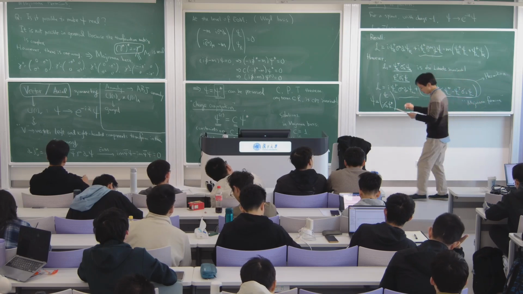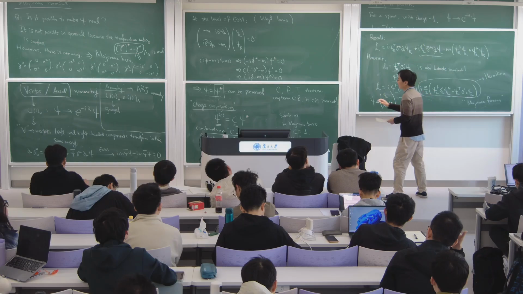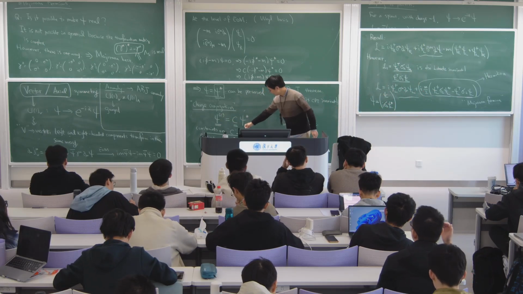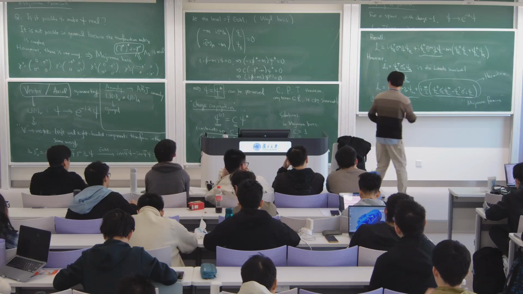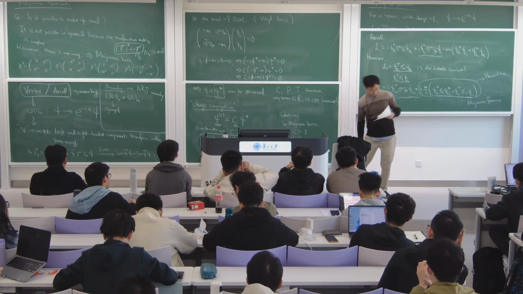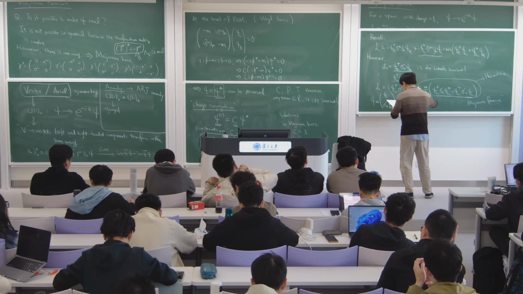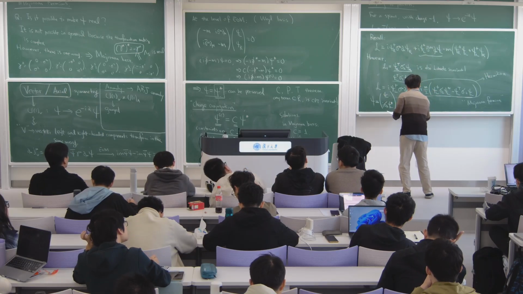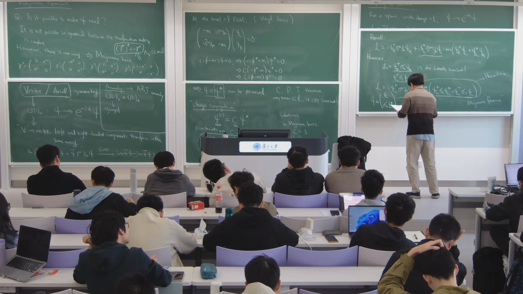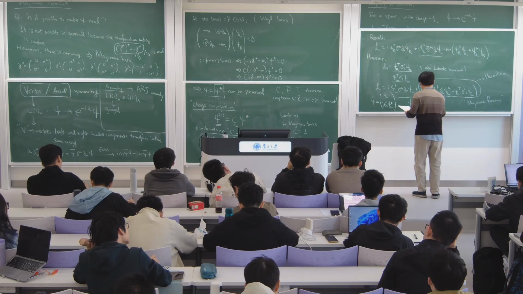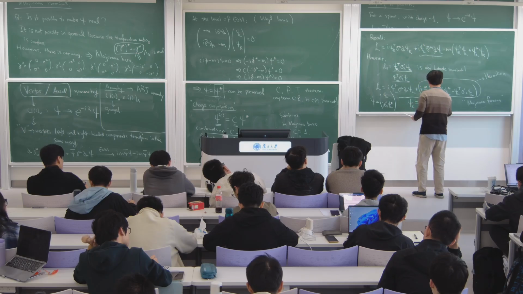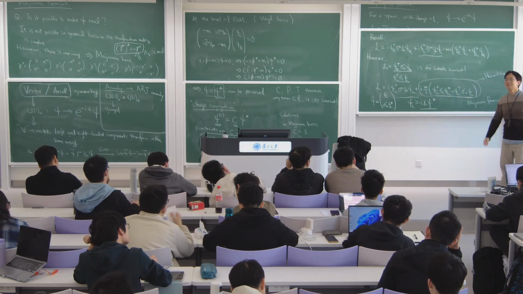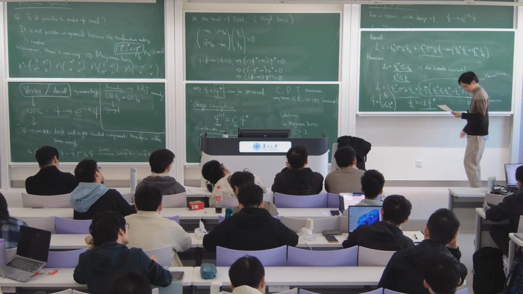And you can further check, in this case, the complex charge conjugation. You can check that psi^c equals minus i gamma 2 psi star, which is the charge conjugation in the Weyl basis.